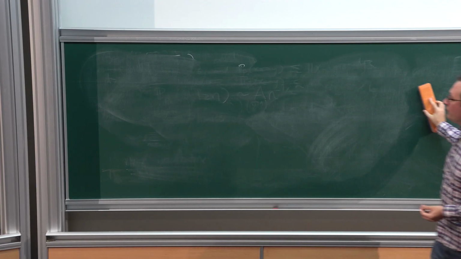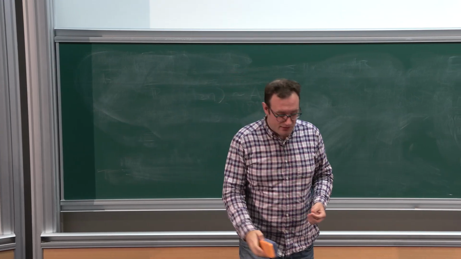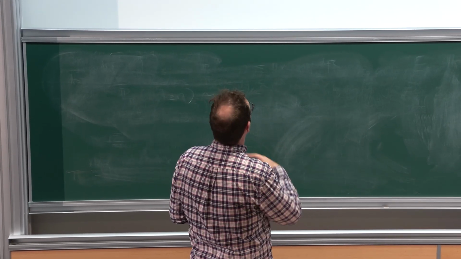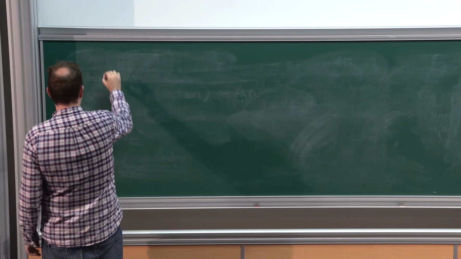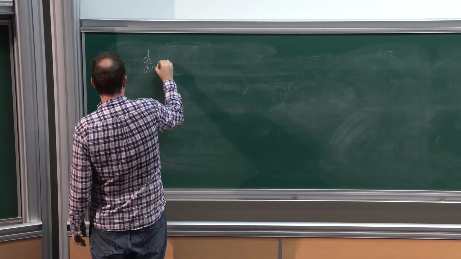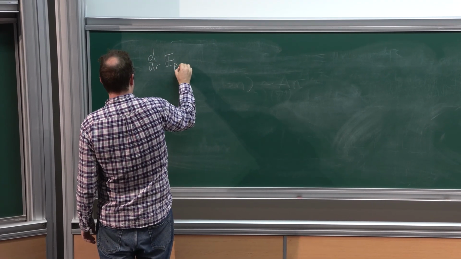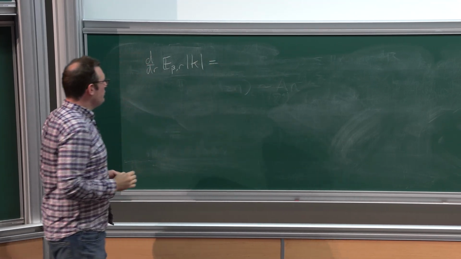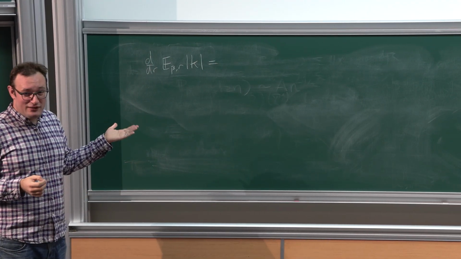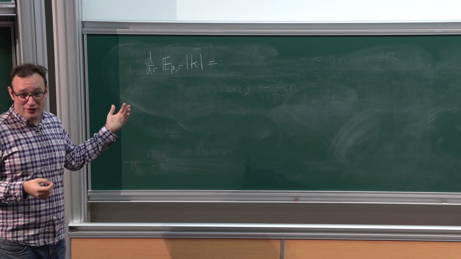So what I'm going to do is just write our exact derivative identity as what we want it to be times a 1 minus error term, right?